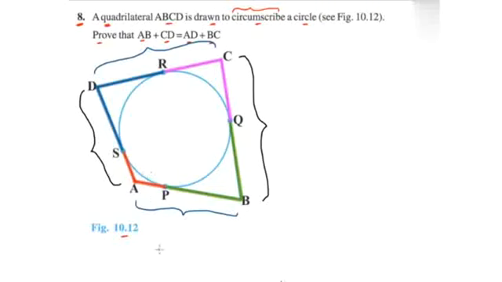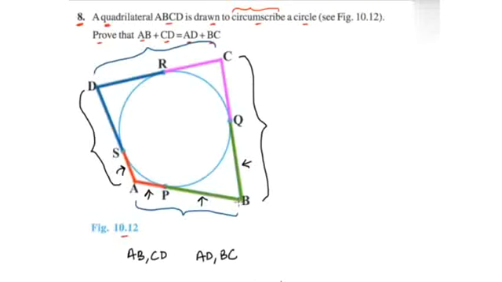So the first pair is AB and the opposite side CD, and the second pair is AD and the opposite side BC, correct? In the first pair we have AP, and correspondingly in the second pair we have AS. Similarly in the first pair we have BP, and in the second pair we have BQ.